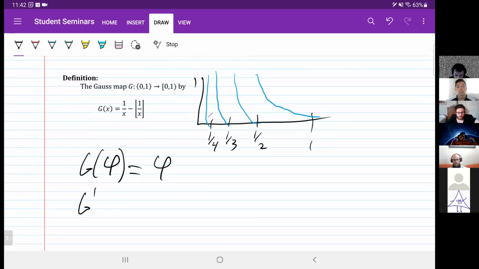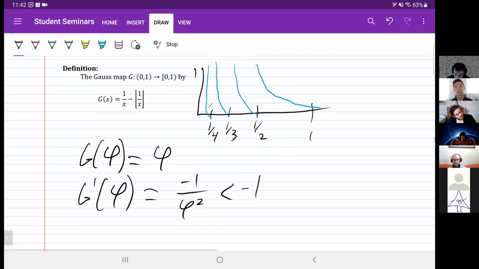And what will be important for us is that its derivative is actually, oops, not less than 1, it's less than -1. So it's bigger than 1 in absolute value. This derivative is not so hard to compute. This is locally a constant, and so it's just the derivative of 1 over x.